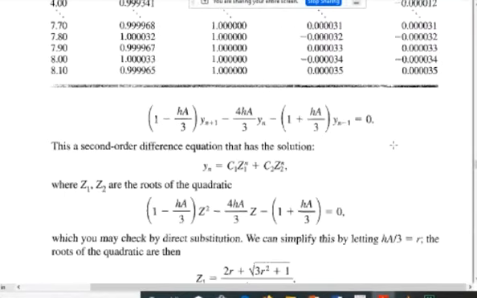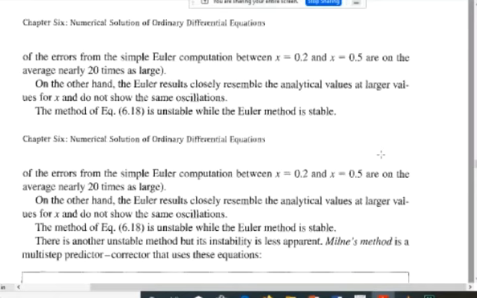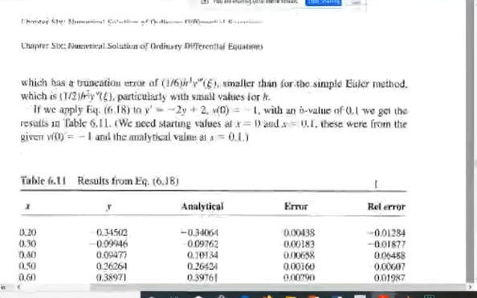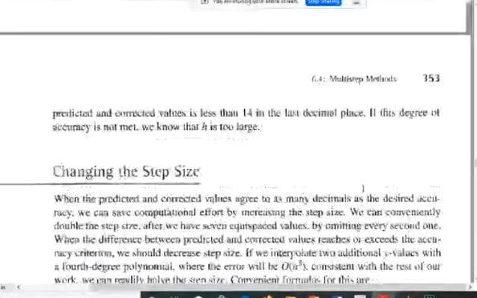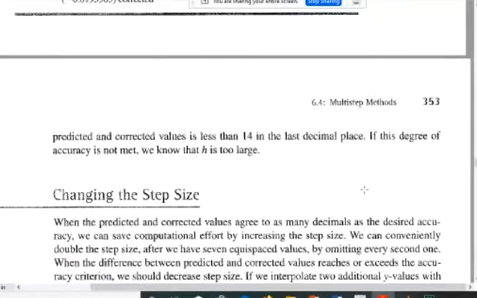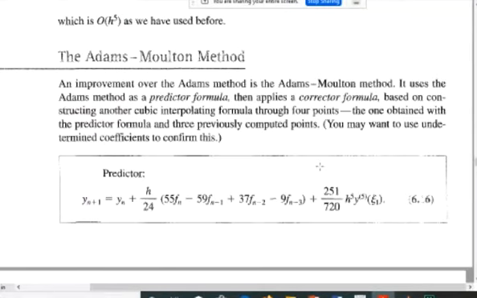Let me go back to Adams-Moulton methods. Equations 6.16 and 6.17. This is the Adams-Moulton method.